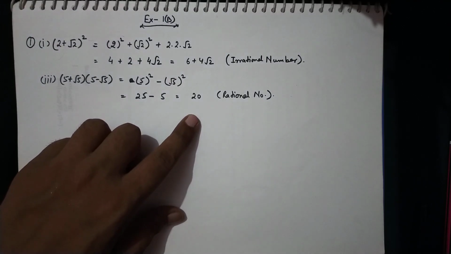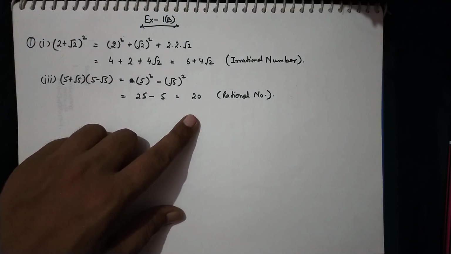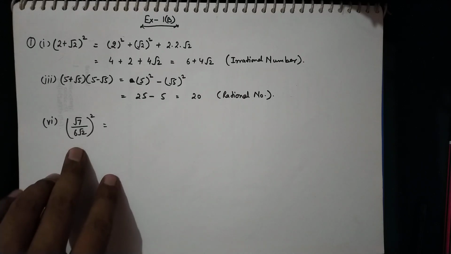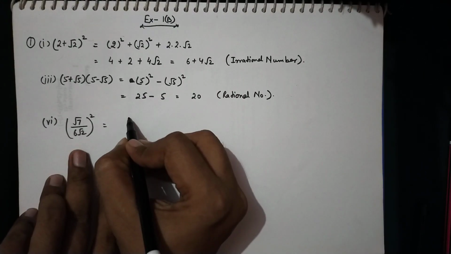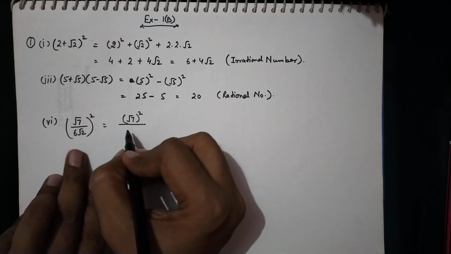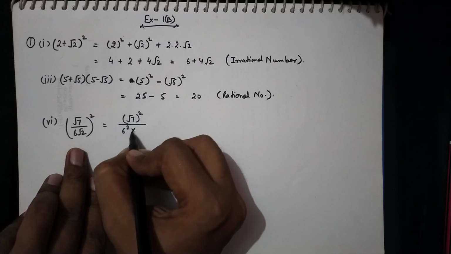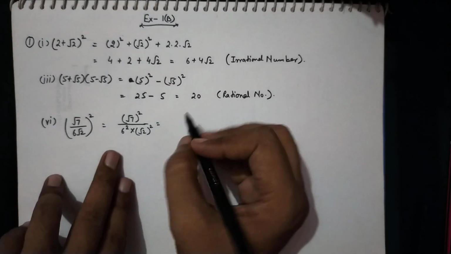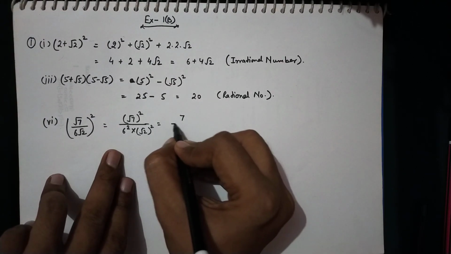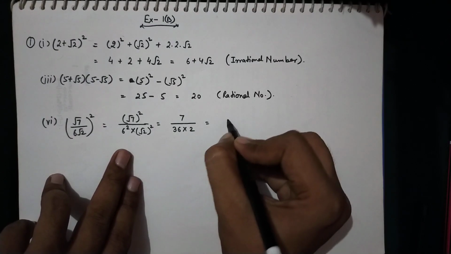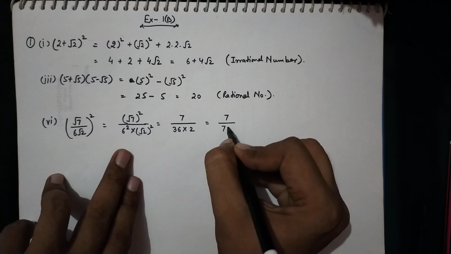Now let's see the last part of this one. Here in this part we have to make the square of this one, so this can be written as root 7 to the whole square upon 6 to the whole square into root 2 to the whole square, and this will be equal to 7 upon 36 into 2, that is 7 upon 72.